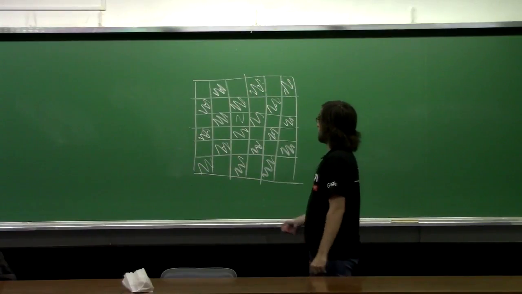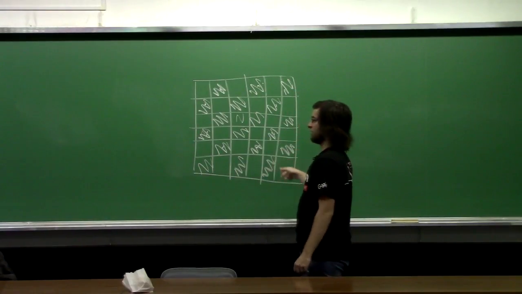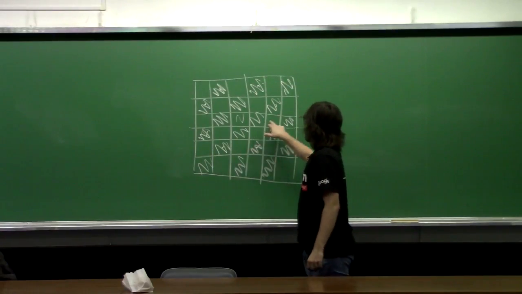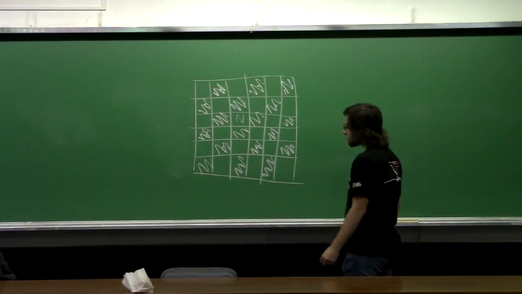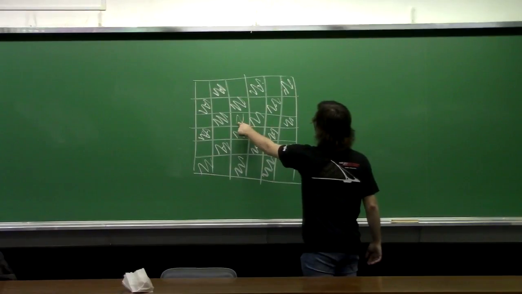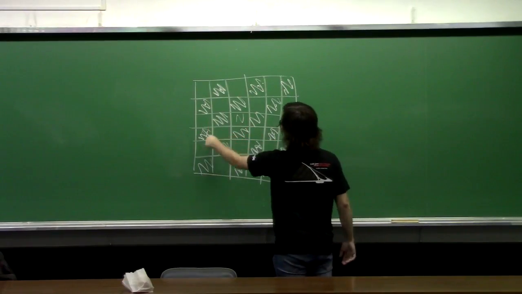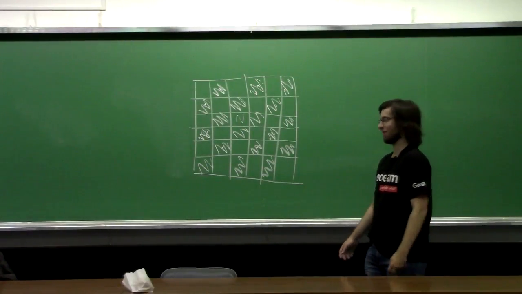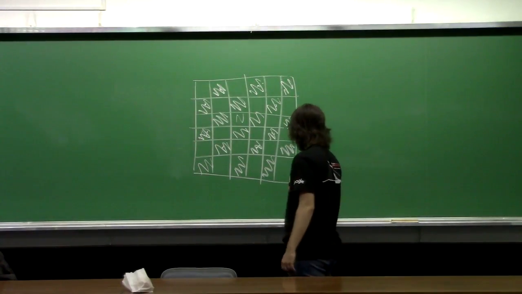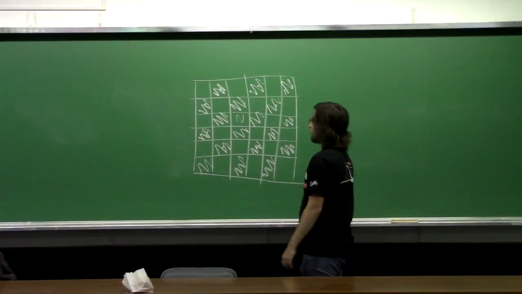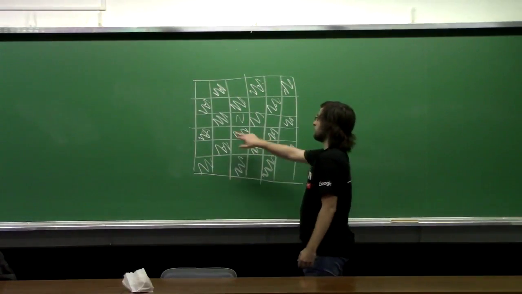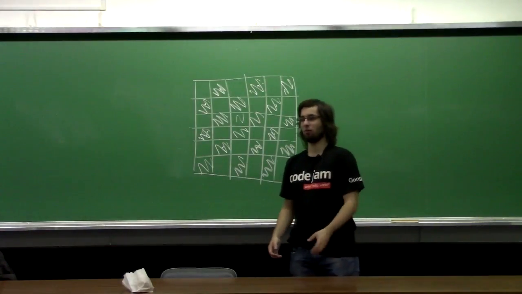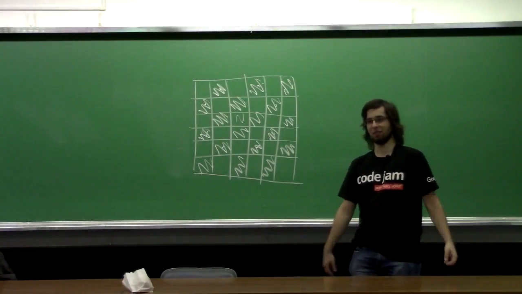And as you can see, when I've covered each alternating diagonal black and left the diagonals between them white, then you can see that the knight from a white square will always attack black squares, and a knight from a black square will always attack just white squares. And so it's enough to put all knights from black squares into the same team, and all knights from white squares into the other team.